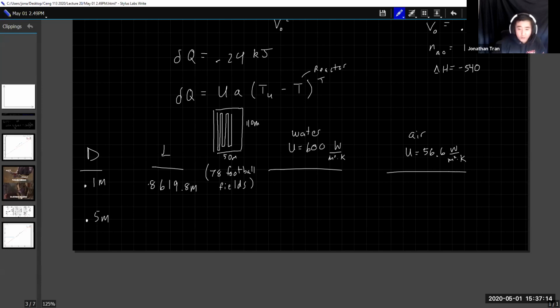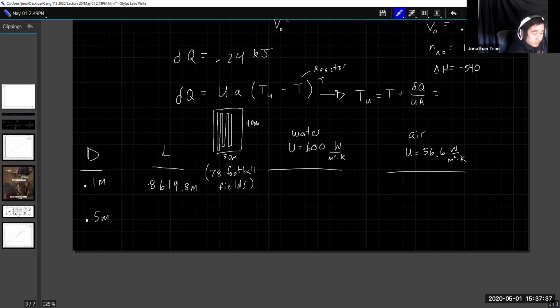But if you did do this, rearranging this equation to solve for TU, we get an equation that looks like T plus del Q over UA.